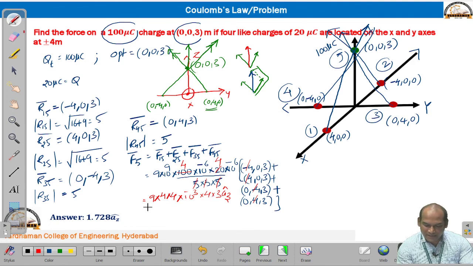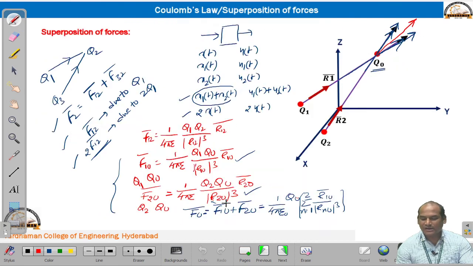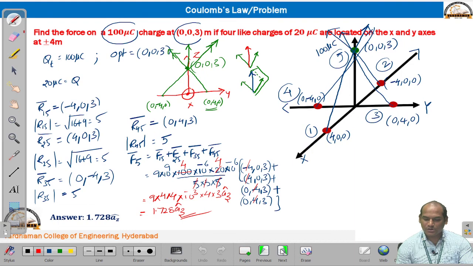So, if you multiply 9 into 4 into 4 into 4 into 3, then you will get 1728, and power minus 3 is there. So, you will be having 1.728 a z cap. I said that the resultant force will have only a z component, and the same thing we got here. Okay. The resultant force has only the a z component, it does not have x and y components.